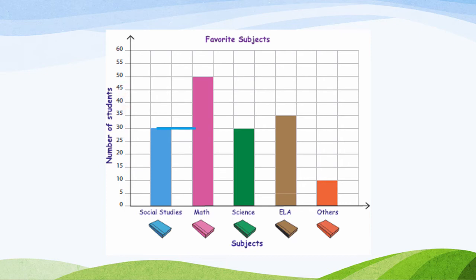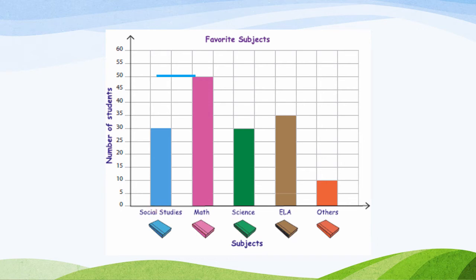So we're going to count by 5. So let's see how many more. So remember, every step we're going to count by 5. So it's 5, 10, 15, 20. So there are 20 more students like math than social studies.